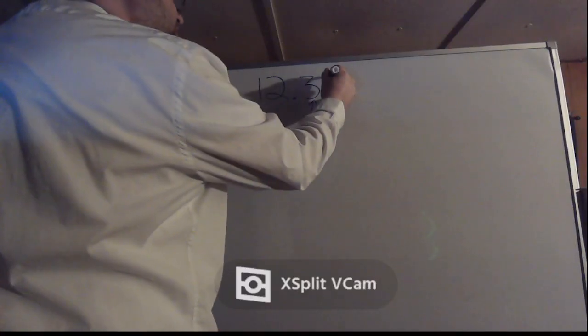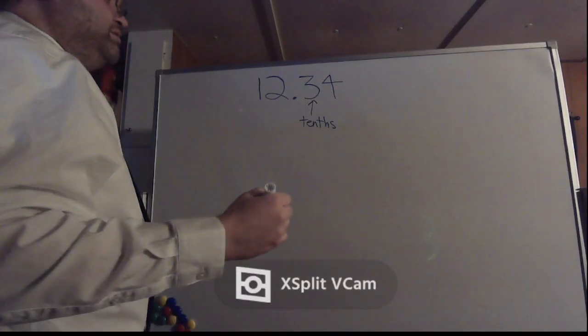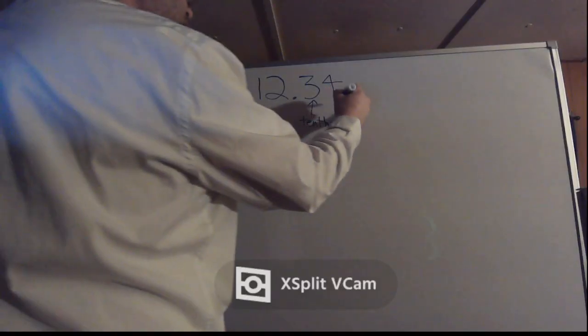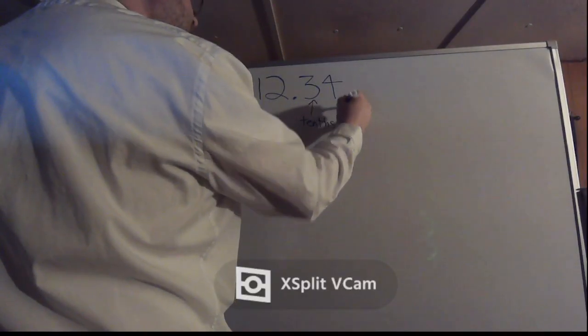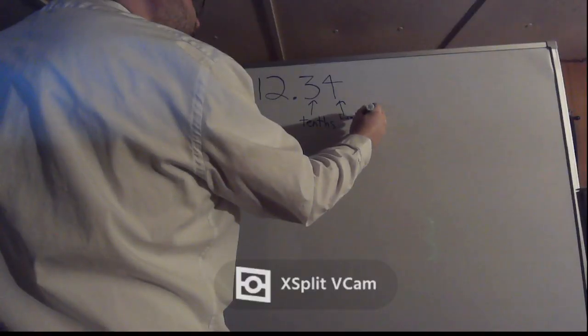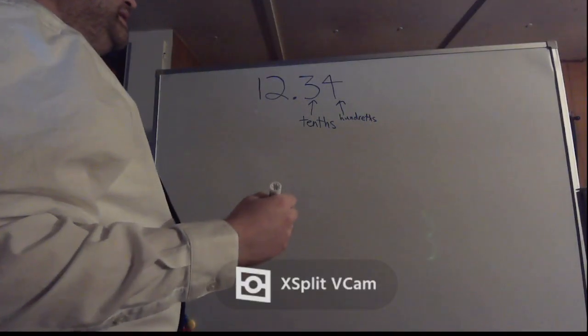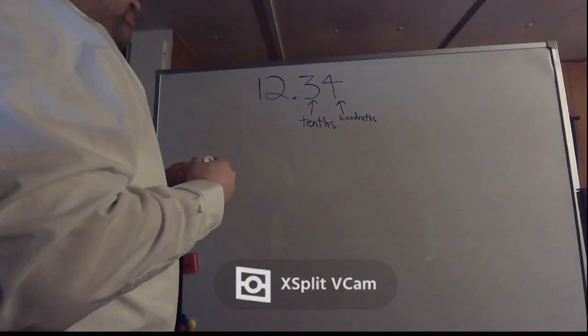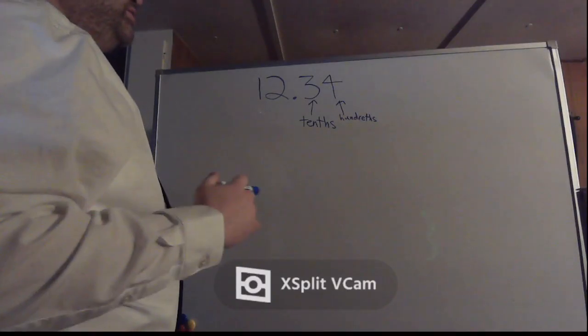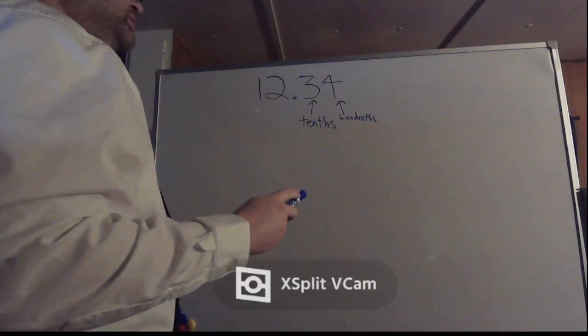Let's say I put a 4 next to that 3. Now you have the hundredths place. So that would be 12 and 34 hundredths, because you have 3/10 and 4 hundredths.